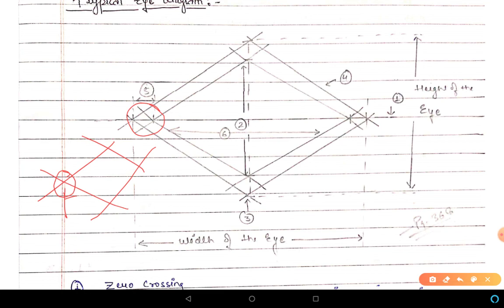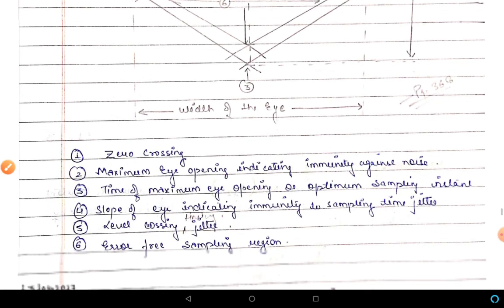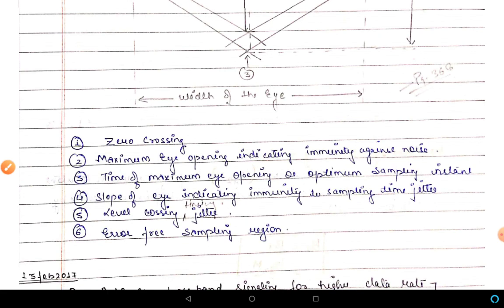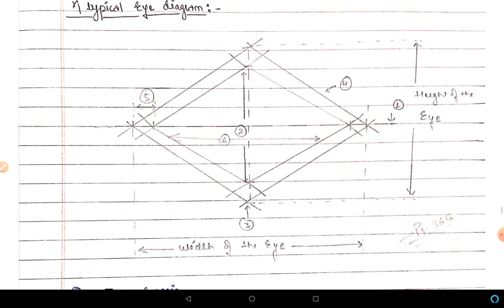And the next important parameter is the error free sampling region. This particular region from here till there is error free. Why? Because in this region your amplitude, either positive or negative, is above 0, so that is your error free sampling region.